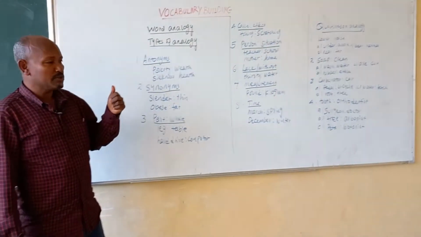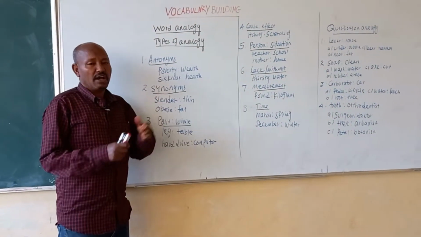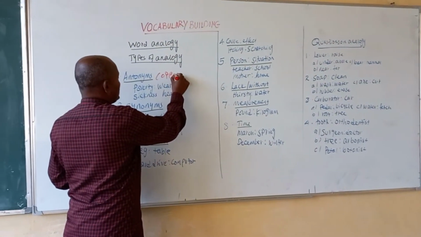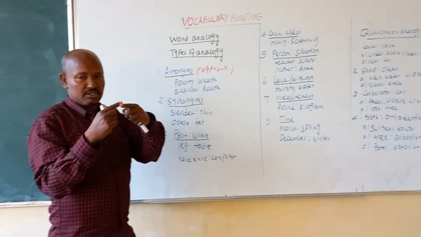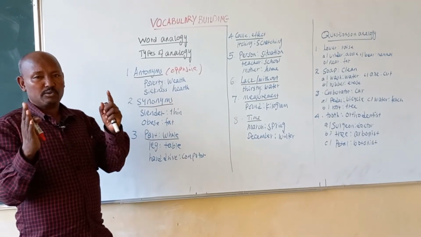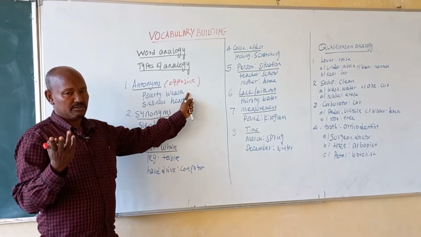The first type of word analogy is antonyms. When you say antonyms, it means words which have opposite meanings. One word correlates with another word with an opposite meaning, which is called antonyms.